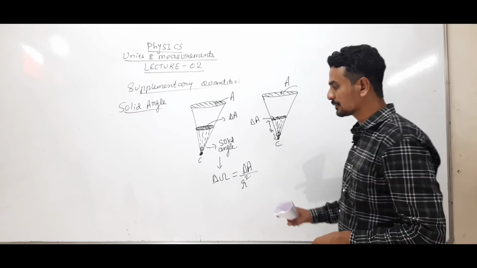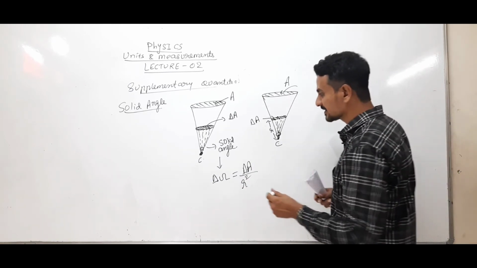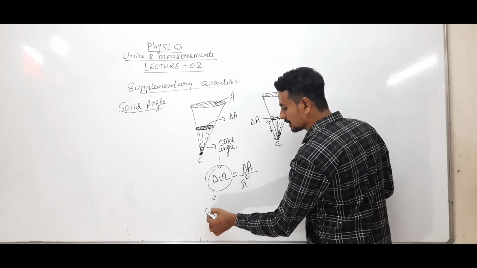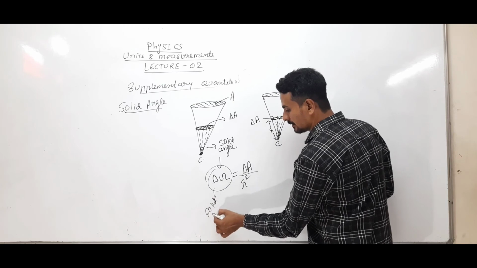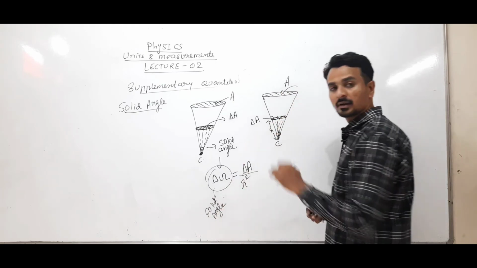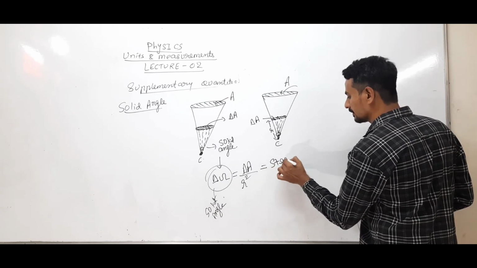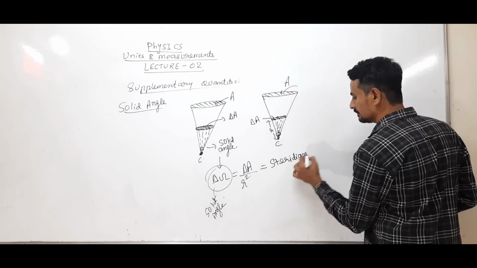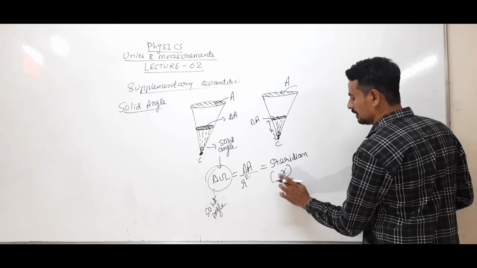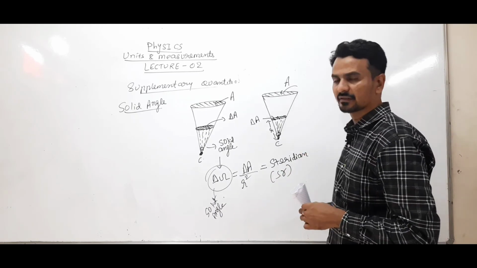Delta omega is equals to delta A by r square. This is known as solid angle. Clear? And unit is steradian, SR. Unit of solid angle is steradian.